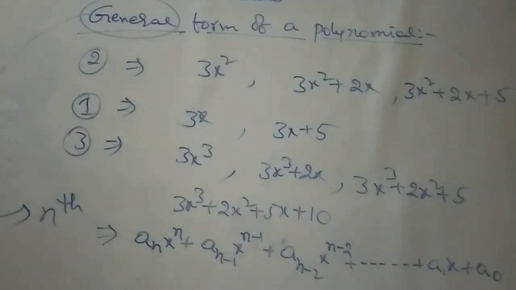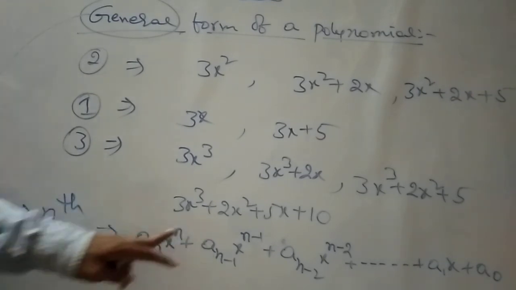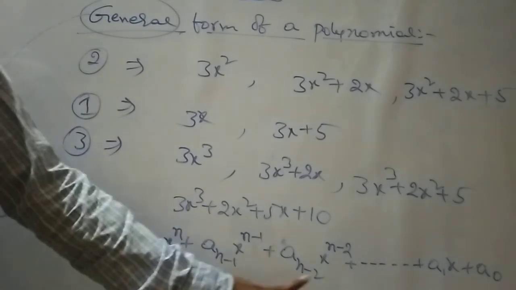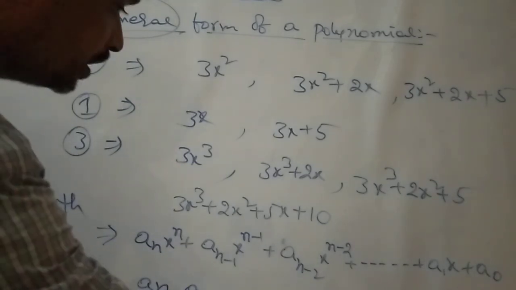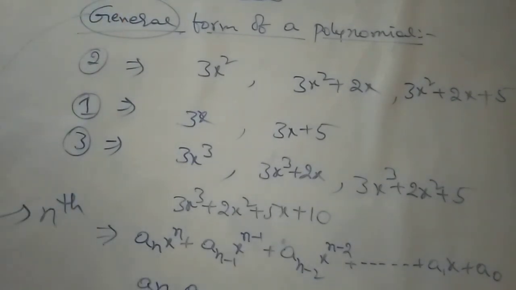If you want 5th degree, you can substitute 5 in place of n: a5 x power 5. Here an minus 1, an minus 2, and so on up to a0 all belong to real numbers.